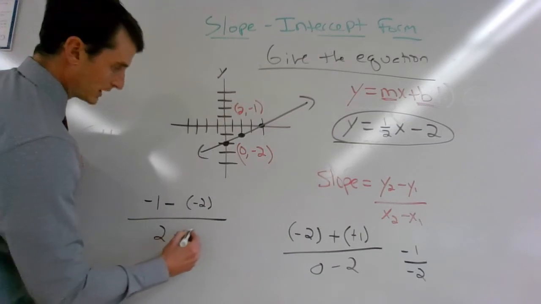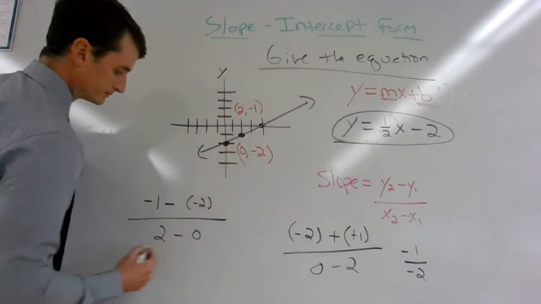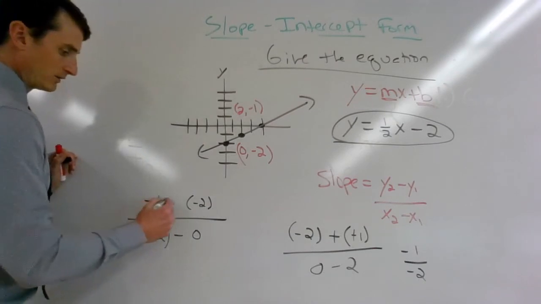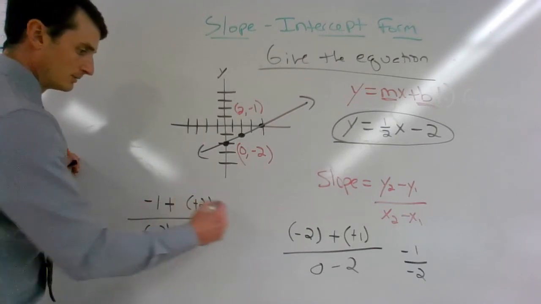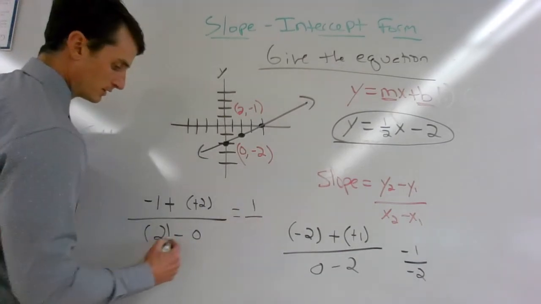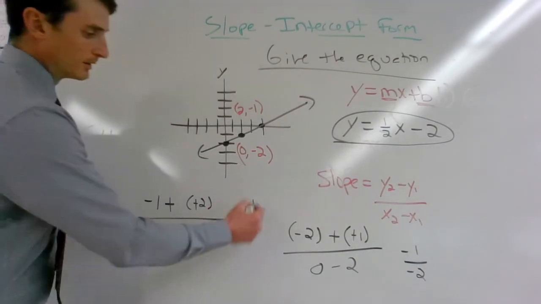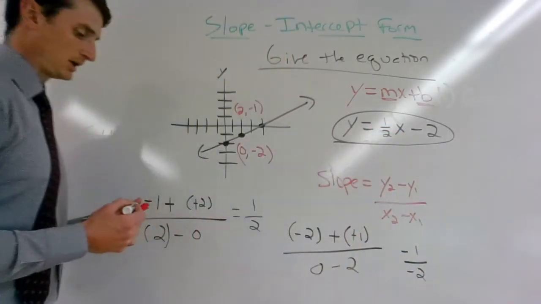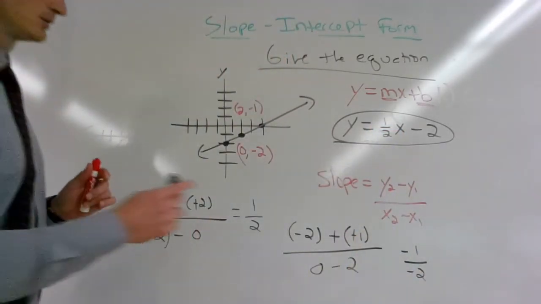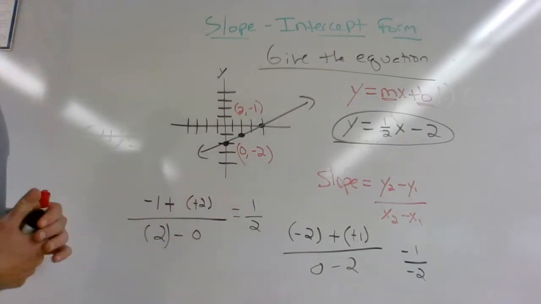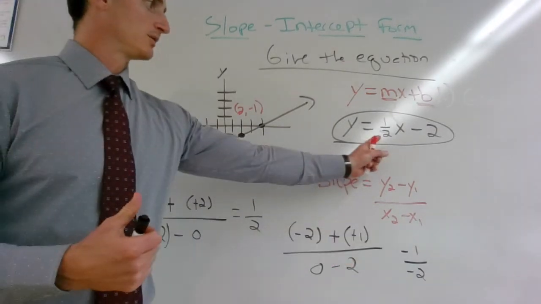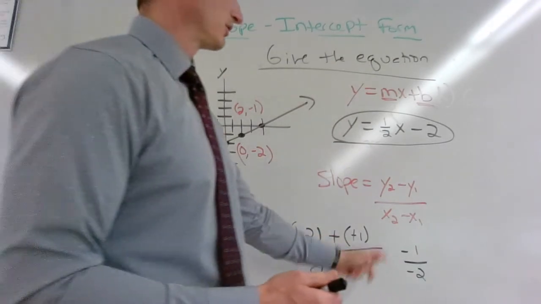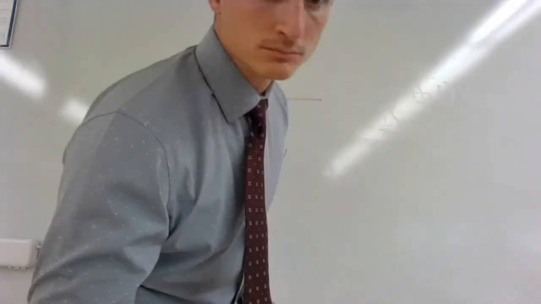Negative 1 minus negative 2 becomes positive 1 over 2 minus 0, which is 2. It becomes 1/2, which is exactly what we got once we made a negative divided by a negative a positive. Okay, so it'll work either way. In this case, because we had a positive, it's the same thing as a negative over a negative, but we write our final answer as a positive.